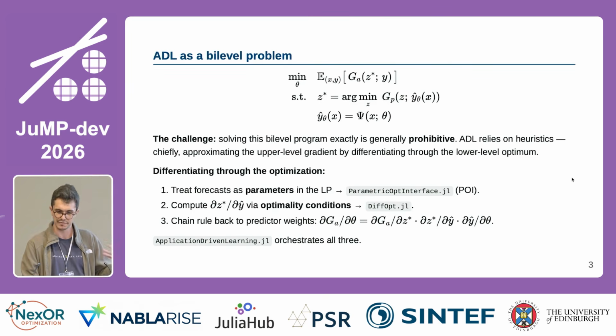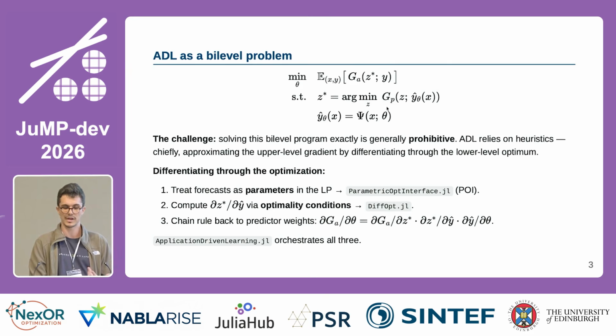And the way we think about doing this is with this bi-level formulation. In the upper level, you have your assessment costs. So this is the cost of the decision, the optimal decision when faced with real values, the y values. Your decision variables, of course, are the theta parameters, which are the parameters from your predictive model.